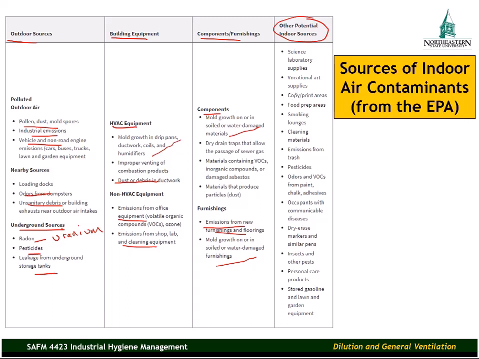Then you go over here to this list. Some of these we've already talked about. Copy, print areas, food prep, smoking, cleaning materials, emissions from garbage, pesticides, paint, chalk, adhesives, occupants with communicable diseases, which is certainly relevant right now, dry erase markers, and again, several more as well.